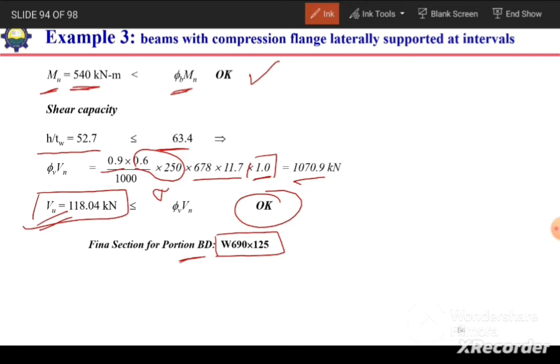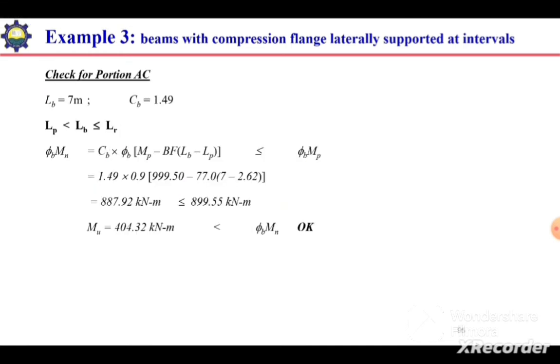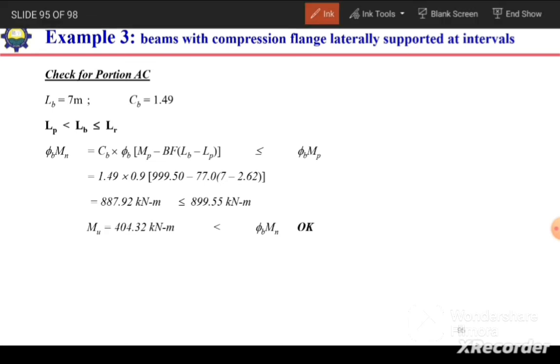After that, we need to check whether this section, which is selected for BD, is adequate for the other segments AC and CB. So check for portion AC. To check the flexural capacity for that segment, we need to see the LB.